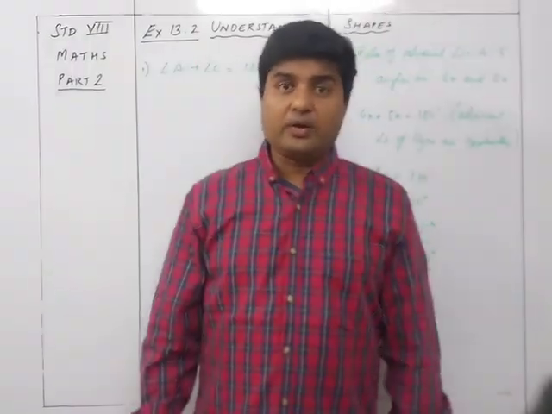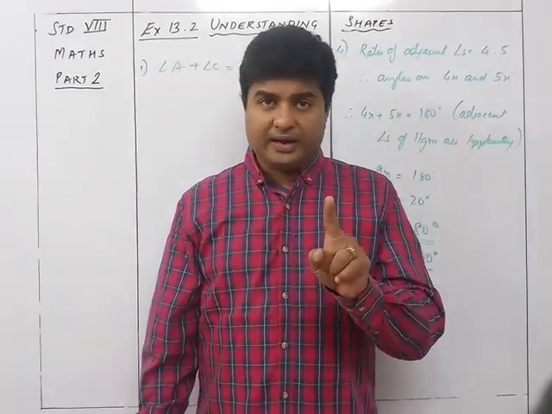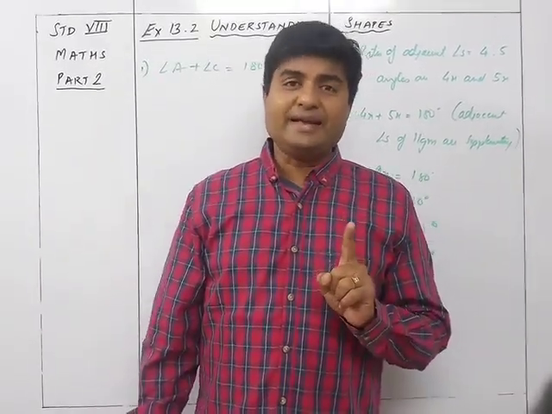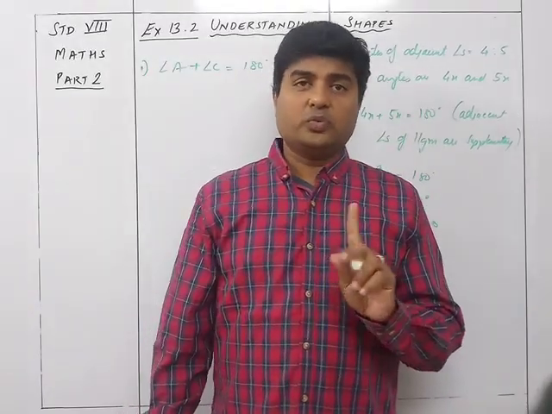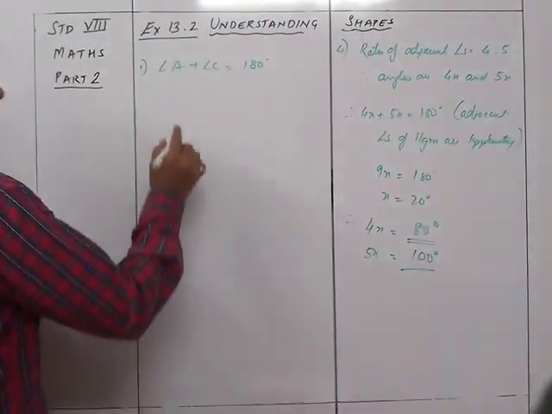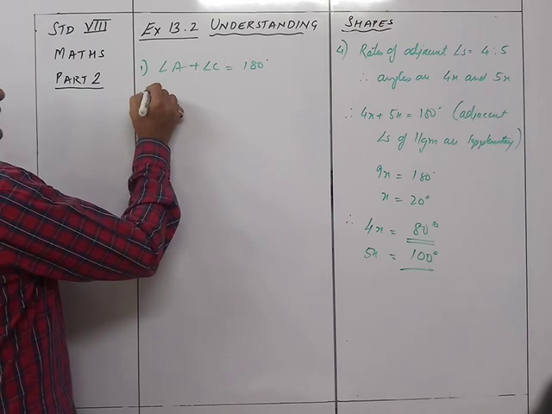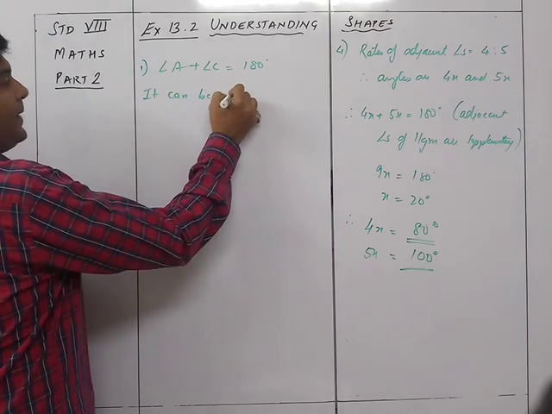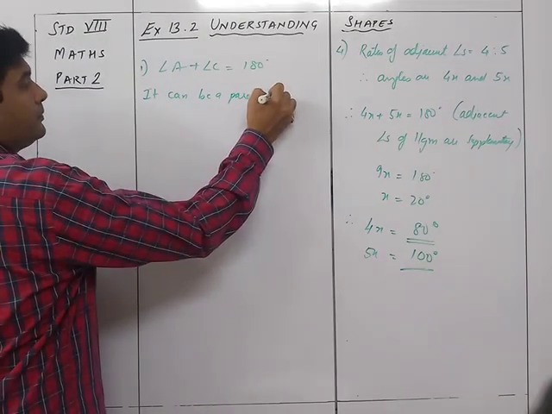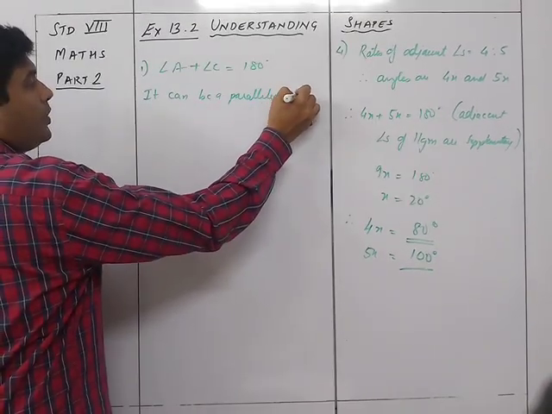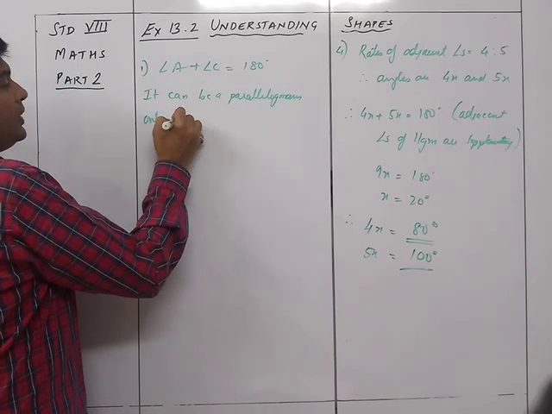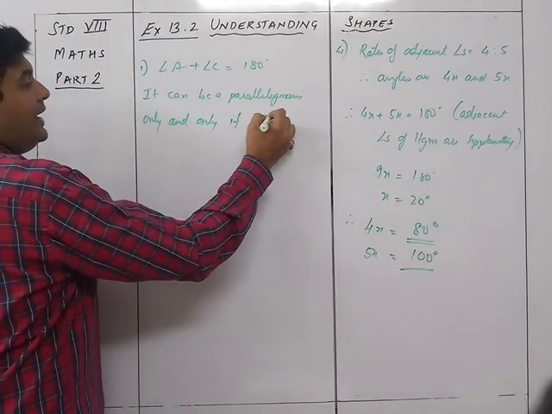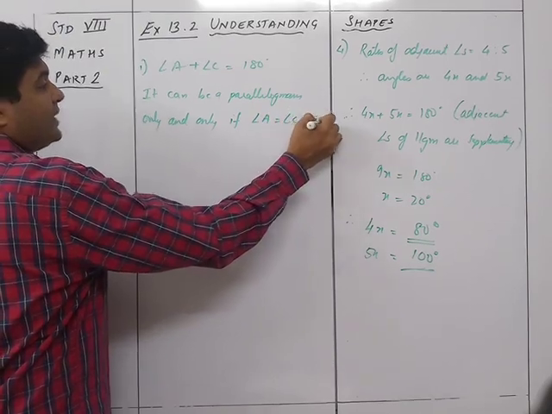Yes, it can be a parallelogram only and only if A is equal to C. If both are 90-90 each, only then it is possible. So we will say it can be a parallelogram only and only if angle A is equal to angle C is equal to 90 degrees.